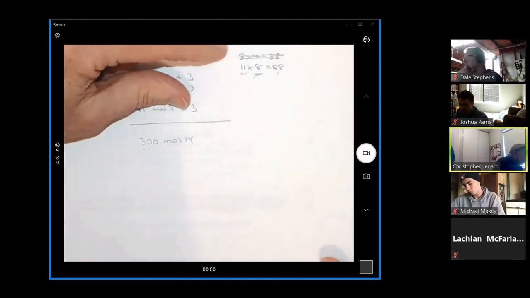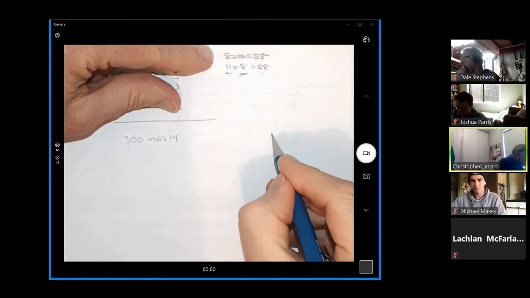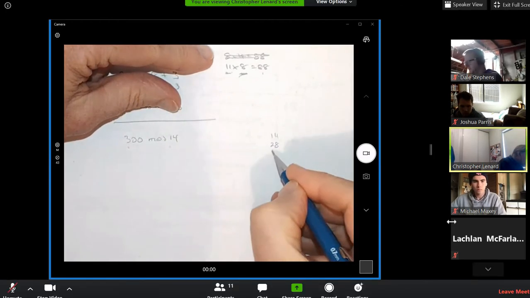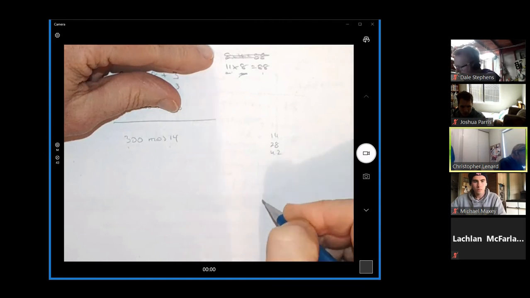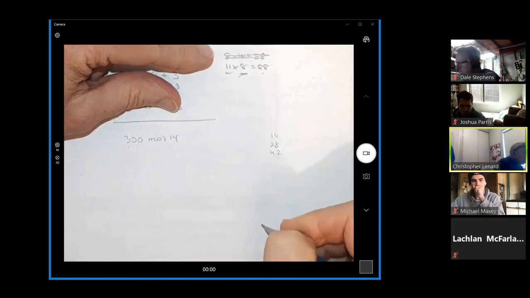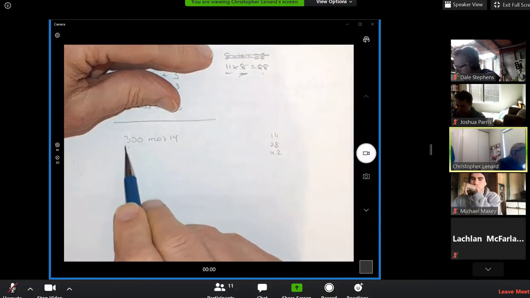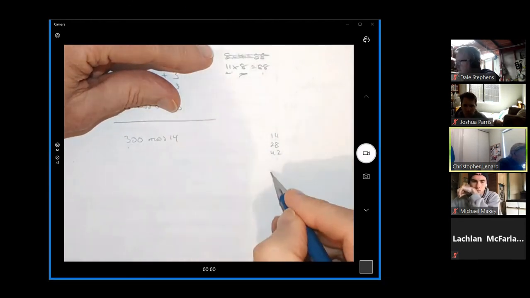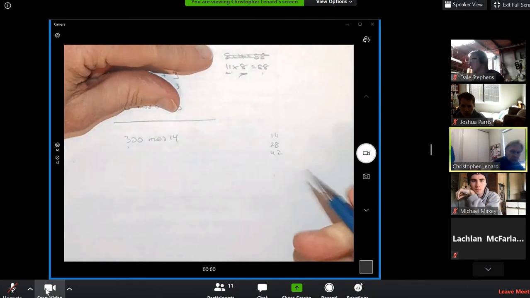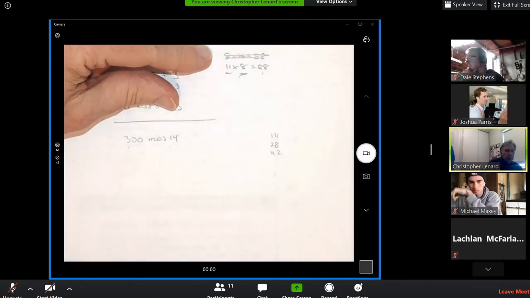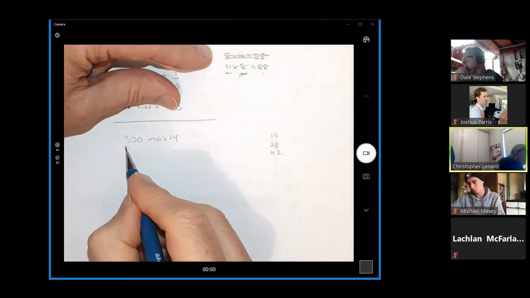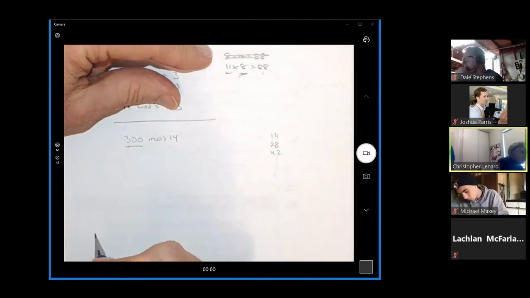Well, again, the tedious way would be 1 14 is 14, 2 is 28. What happens next? 3 lots of 14 is 42, and you just count up till you get a multiple which is just under 300. Or you could say 300 divided by 14, use your calculator to work that out. Or, and here's another way, what you notice is that 300 is easily factorizable.